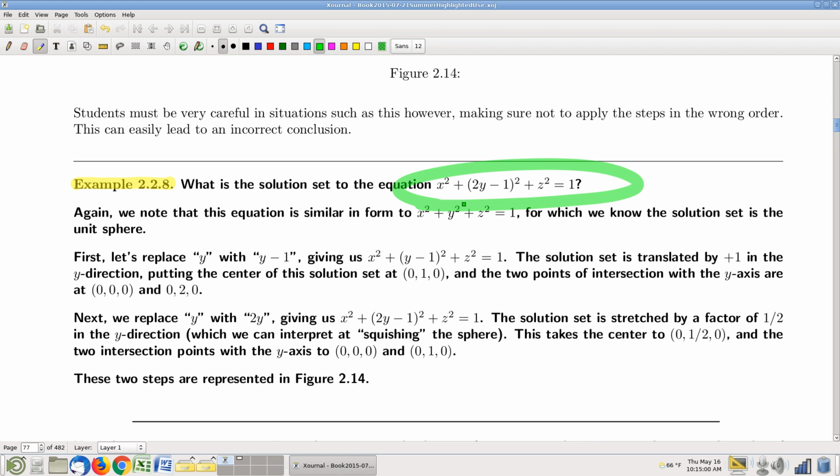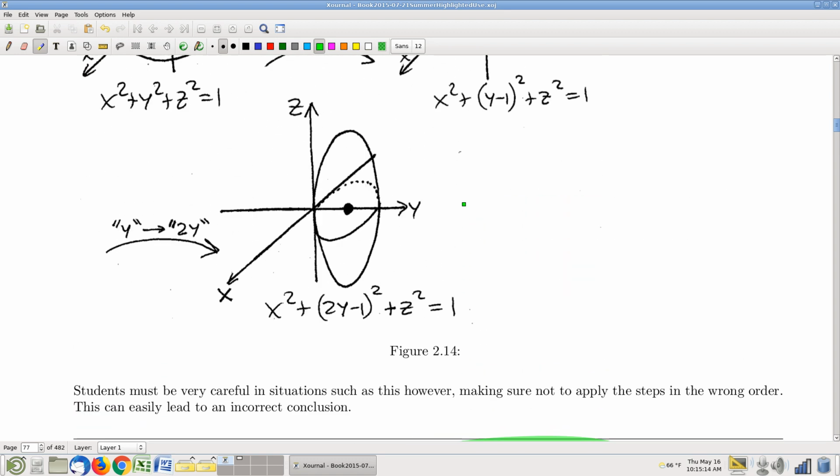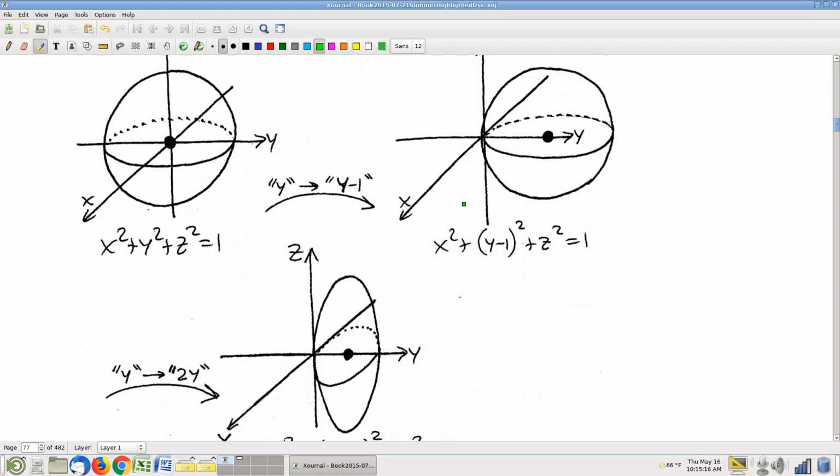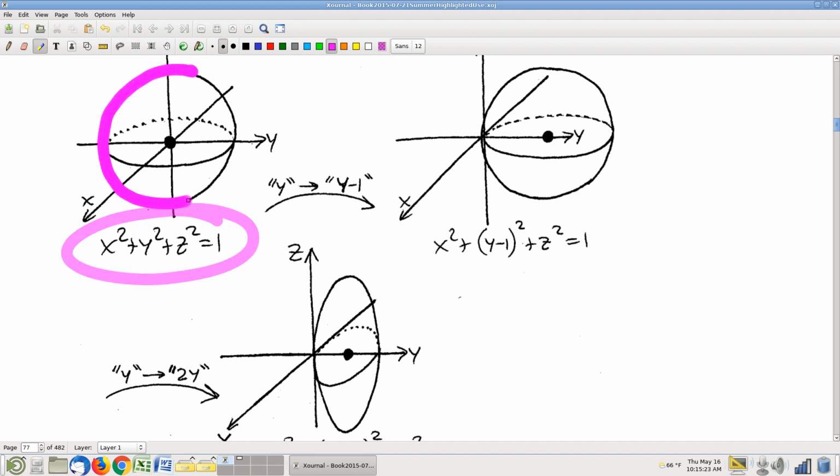The reason I want to show you this example is because there's another sort of unexpected backwardsness that happens ultimately because of the backwardness of the whole process. So here's the process. We're going to start with our good old familiar equation, whose solution set, again, is our familiar unit sphere centered at the origin.